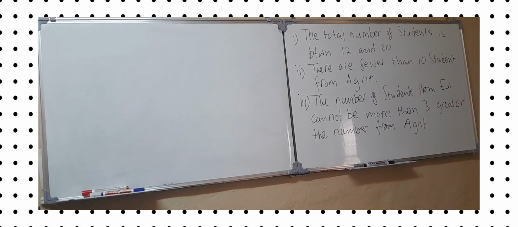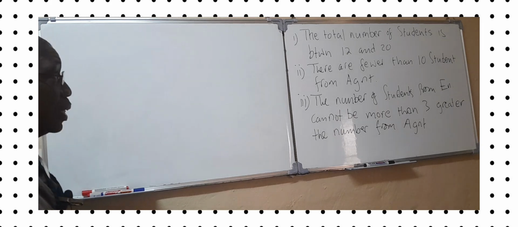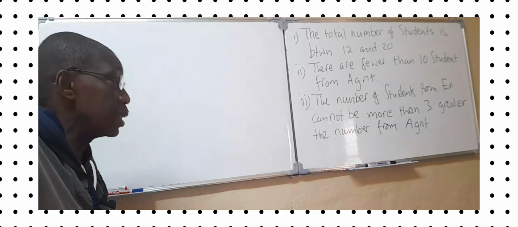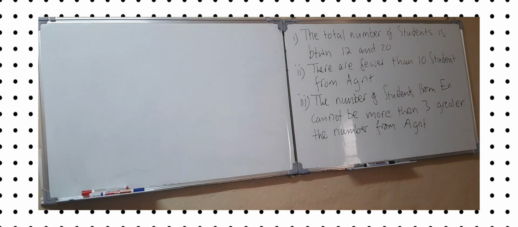Now, what is going on here is that there is a cultural exchange program between the students from Argentina and students from England. And so these guys are going to meet somewhere, but there are some restrictions associated with the numbers that can come and attend the cultural exchange program.